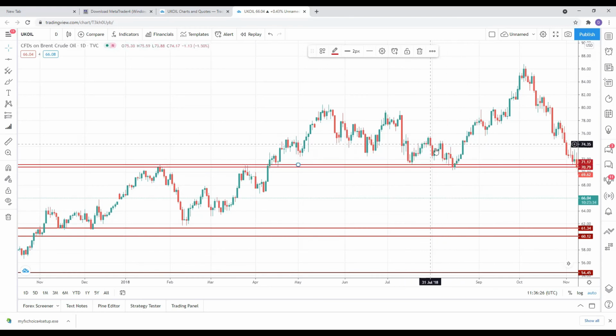So the price of the asset is bouncing off support. Here, around the end of March, this price level was acting as resistance. Around the 16th of April, this price level was acting as support. Around the 16th of July, this price level was acting as support. Around the 14th of August, this price level was acting as support.